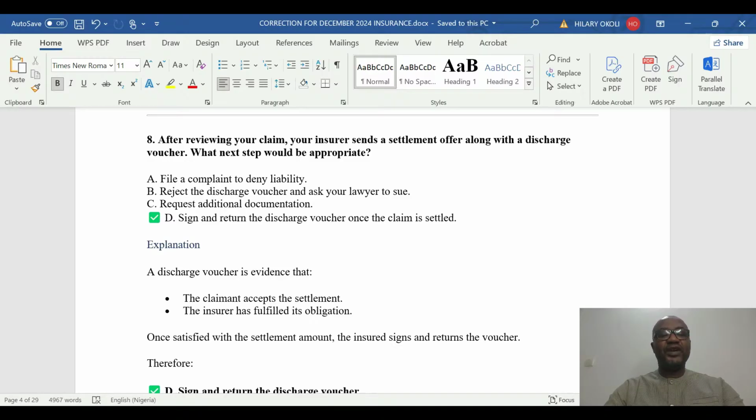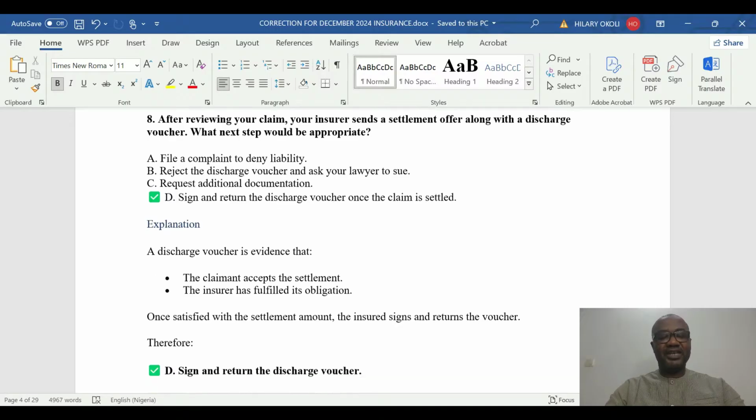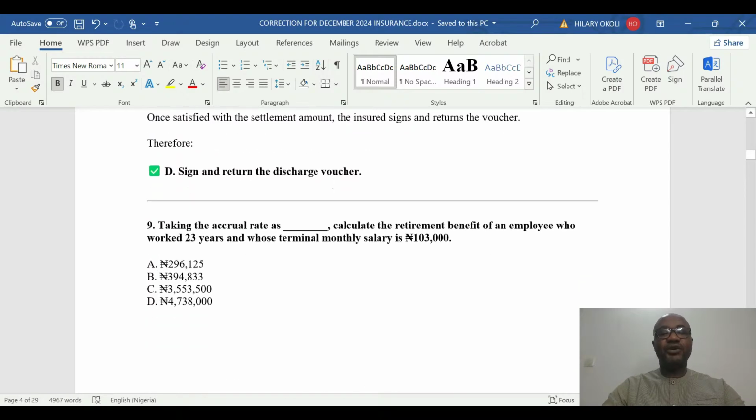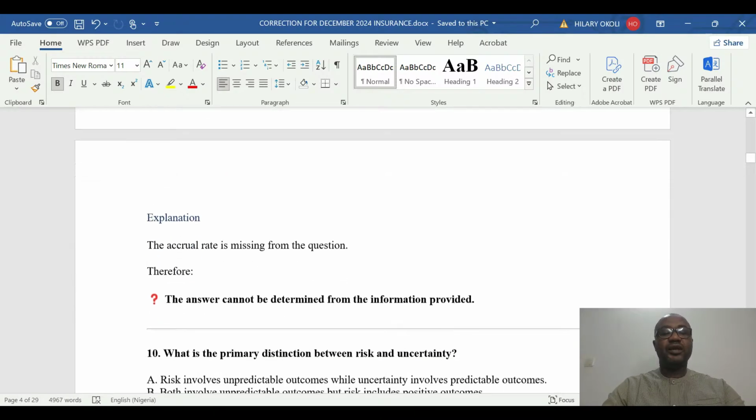I have explained further saying that a discharge voucher is evidence that the claimant accepts the settlement and the insurer has also fulfilled its obligation. So once satisfied with the settlement amount, the insured signs and returns the voucher. So to sign and return the voucher is the best option. Okay.